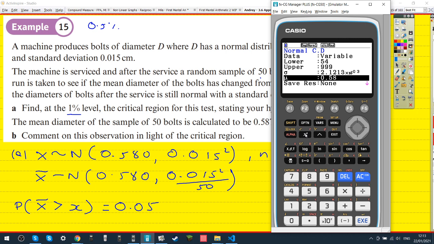Here's the long way of doing this one. We want a lower that will give us an answer of 0.05. So if the mean is 0.58, let's say 0.4. Hang on, 0.6.